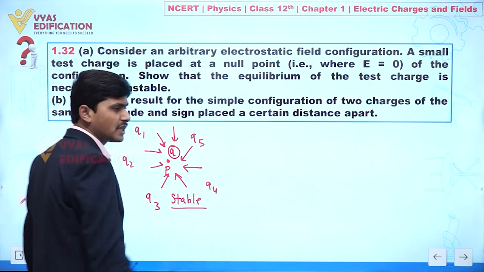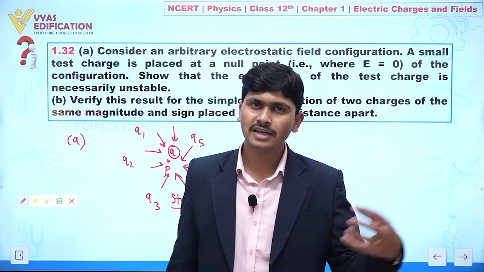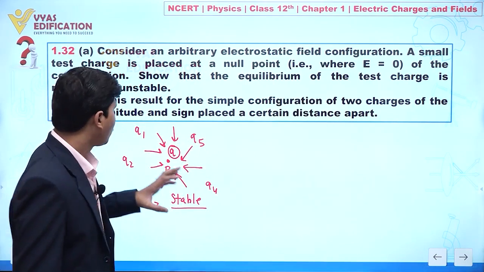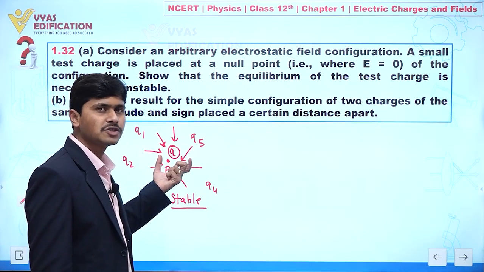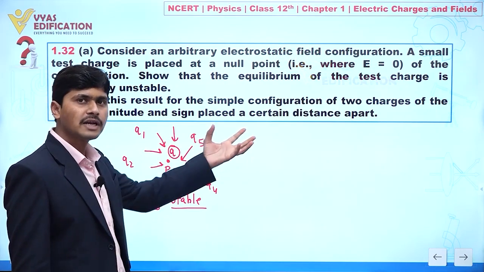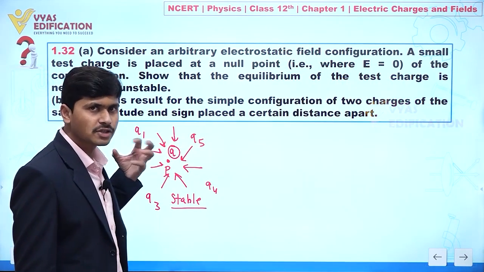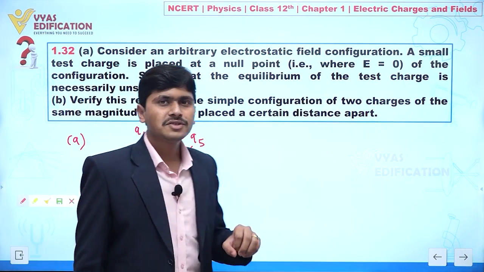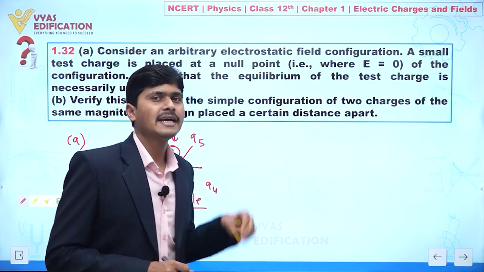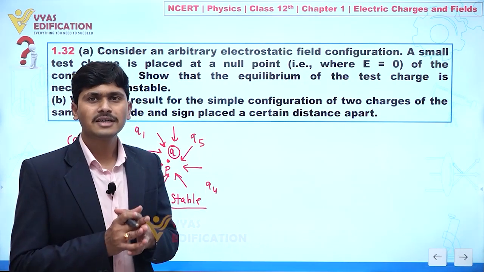If we have a positive charge, it will act in an inward direction, and if we have a negative charge, in an outward direction. Clear? So let's suppose we have a charge Q. The restoring force will act in an inward direction from all directions.